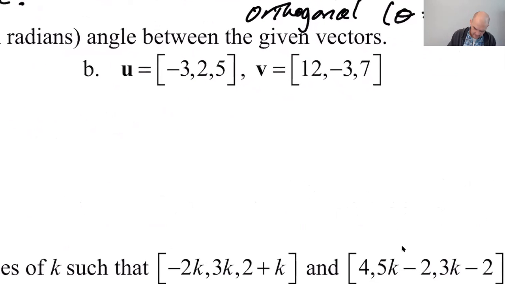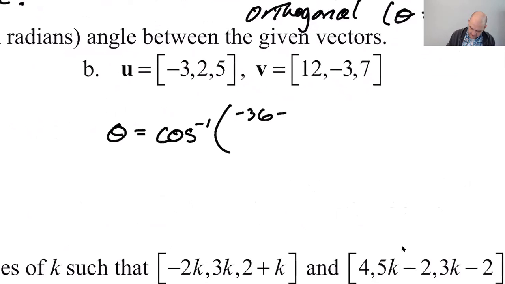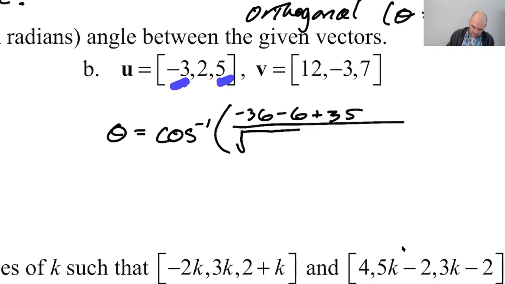So theta is going to be the inverse cosine of negative 36 minus 6 plus 35 over... So here's what you do when you don't really want to do the work. This one's not bad. 25, 34, 38.